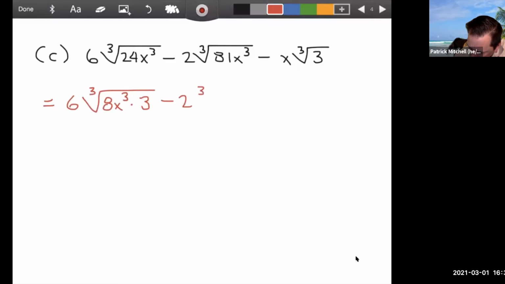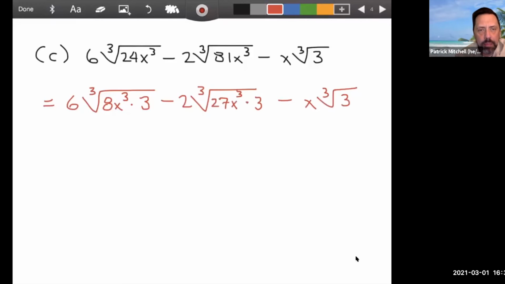Okay, then over here, perfect cube factor of 81 is 27. And again, x to the third can go with the perfect cube. The leftover is 3. And then here we just have the leftover.